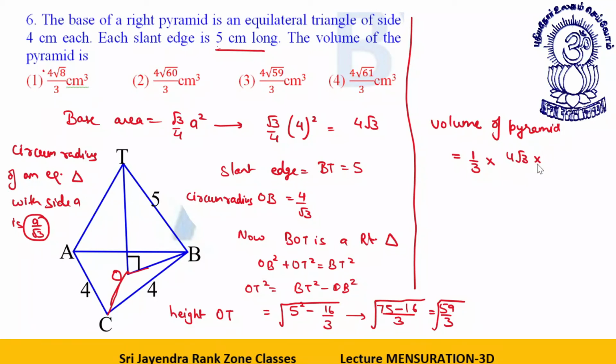The height is root 59 divided by root 3. Root 3 and root 3 cancel. So it will be 4 by 59 into 3 divided by 3. That is option number 3 is your answer. Okay, dear students, let's take the next one.